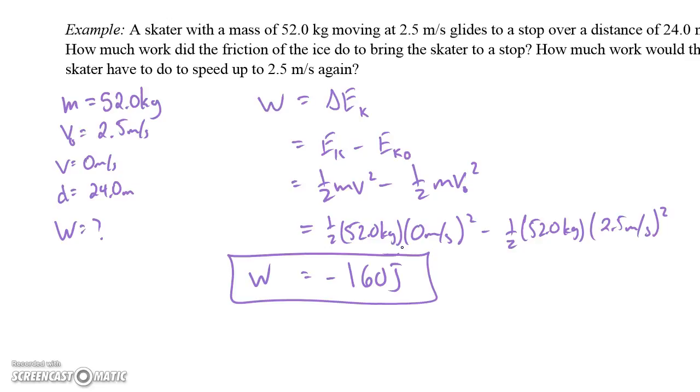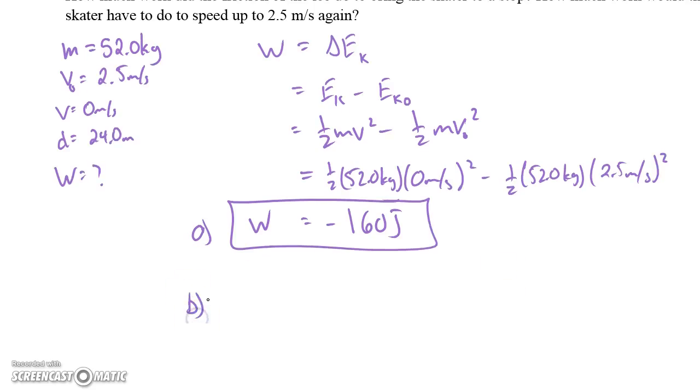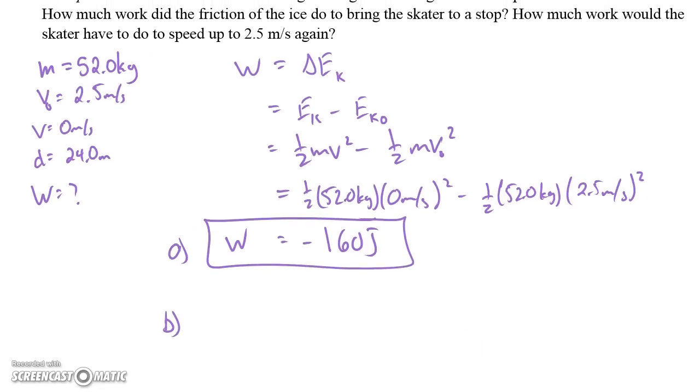Now, that's only for part A of the question. What about part B, where we're asked how much work would the skater have to do to speed up to the same speed? Well, if we think about it, the only things that are going to change is v naught will become v and v will become v naught. So those two things are going to switch, which just means that instead of 0 minus 160, we're going to have 160 minus 0. So the distance, even though we're given it, does not matter.